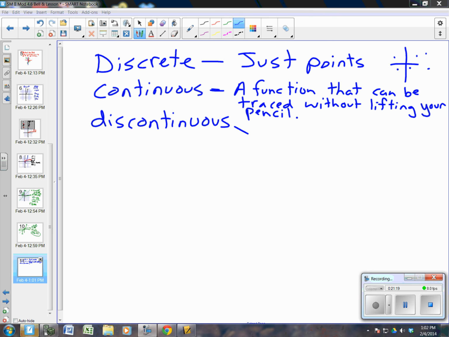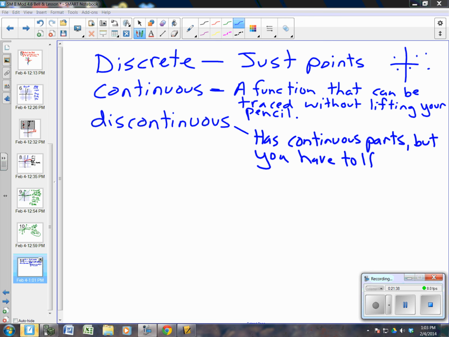And a discontinuous function, it has continuous parts, but you have to lift your pencil. Okay, so what I want you to do really quickly, problems 1 through 6. I want you to go through them and tell which ones are discrete, continuous, and discontinuous. I'm going to give you 1 minute. Go, in your groups.